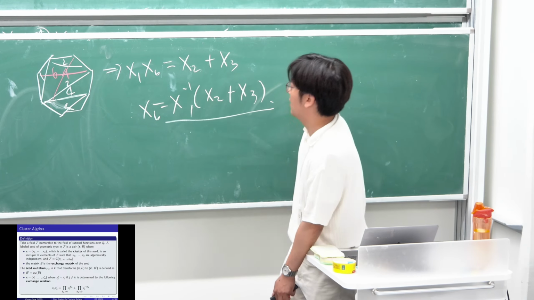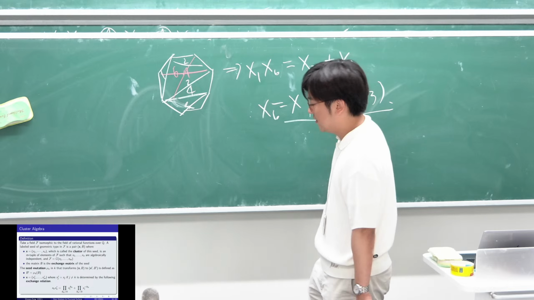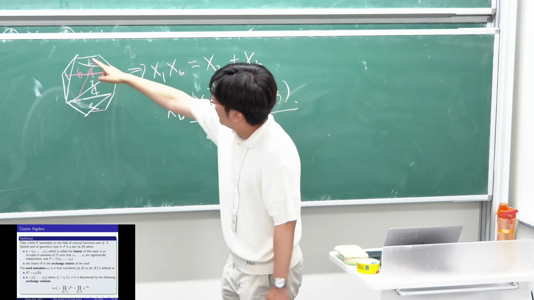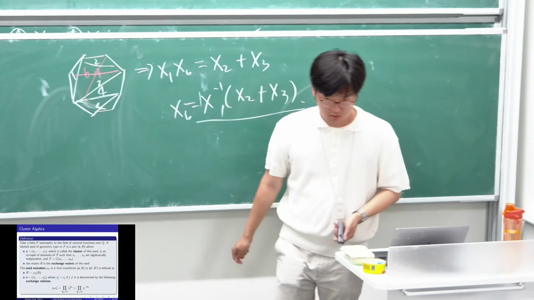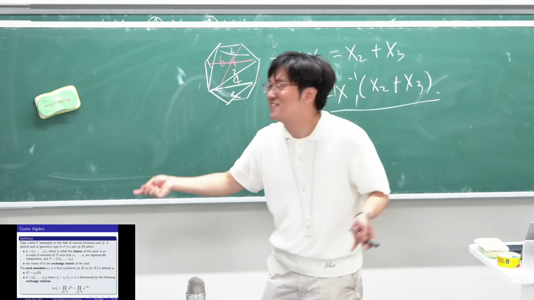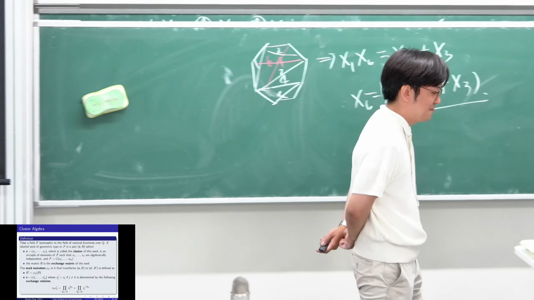So this is what I'm trying to assert. Other diagonals, other than the ones in the initial triangulation, you can express using the variables of the initial triangulation. And that is done by, in geometry language, the Ptolemy relation, but in my language we call it the exchange relation. What a fancy word, right?